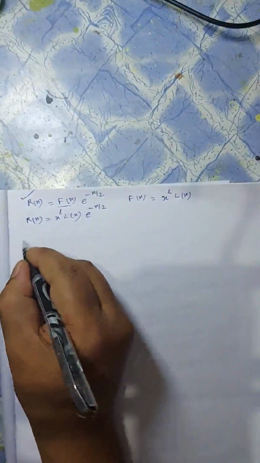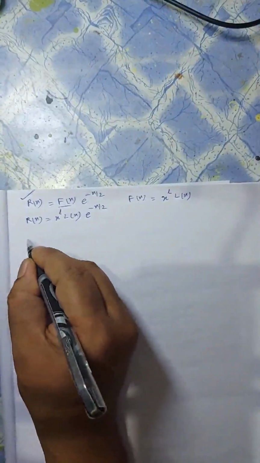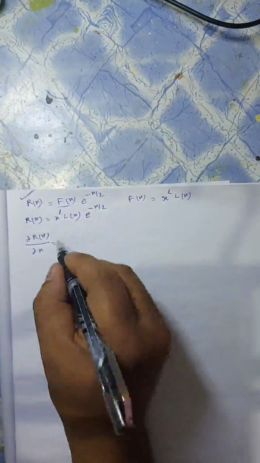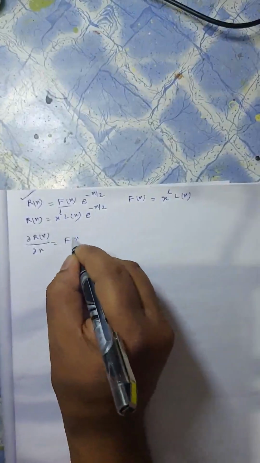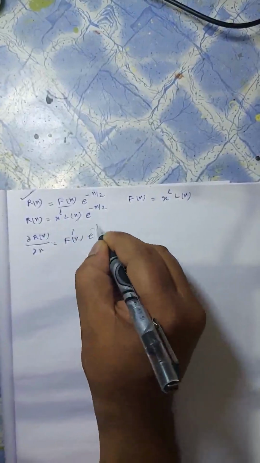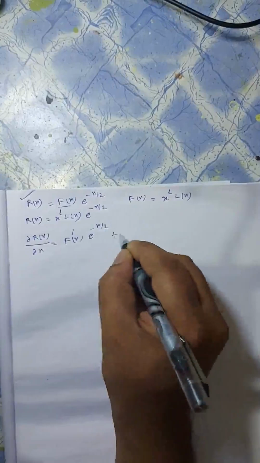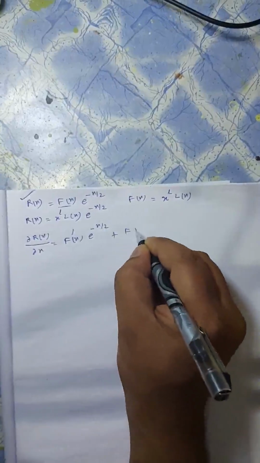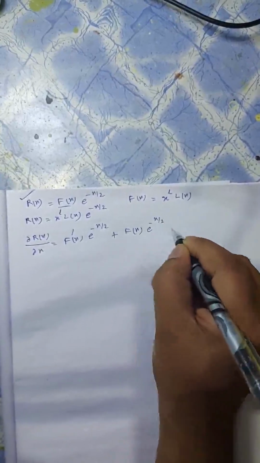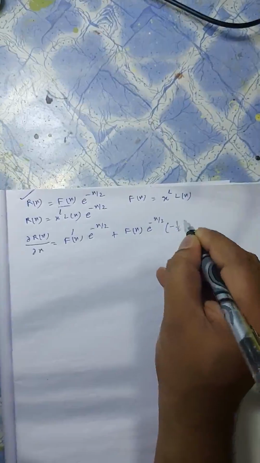Then what we do? First we take the first derivative, ∂R/∂x. F(x) first derivative, and I keep this one as constant. Then F(x) I take as constant, and e to the power minus x by 2, then minus 1 by 2.